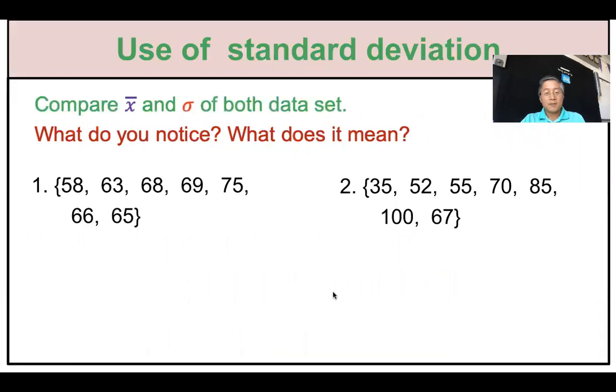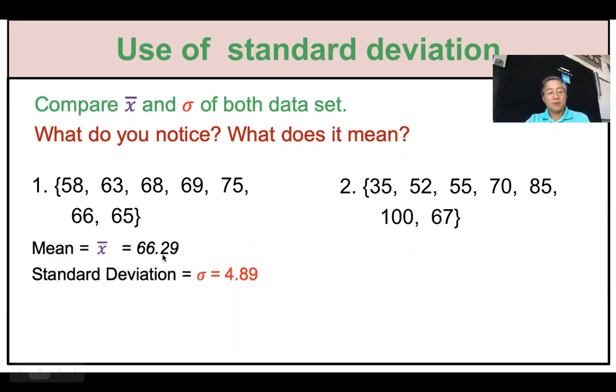So for this number one, we already got the mean and standard deviation in the calculator just now, but there's a second set. We want to compare them, right? We got this one, 66.29, and the population standard deviation 4.89.